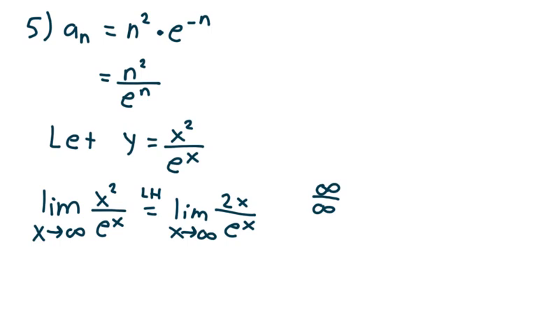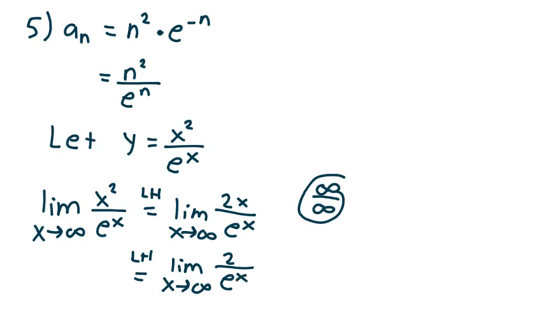If we replace x with infinity, we still get infinity over infinity. So by L'Hopital's rule, this is the limit as x goes to infinity of 2 over e to the x.